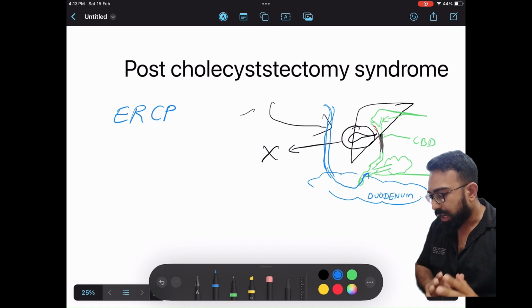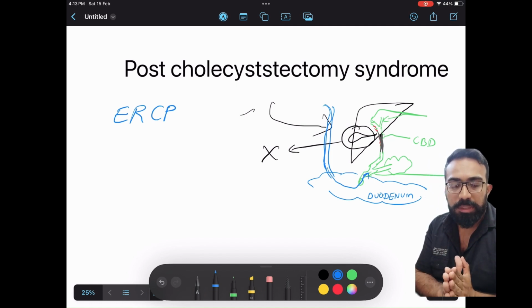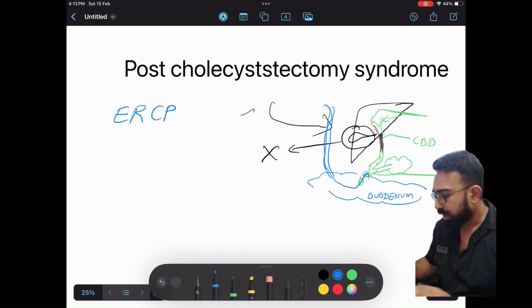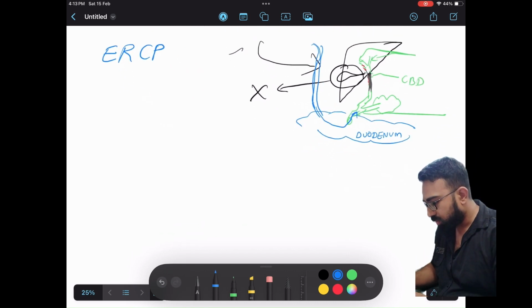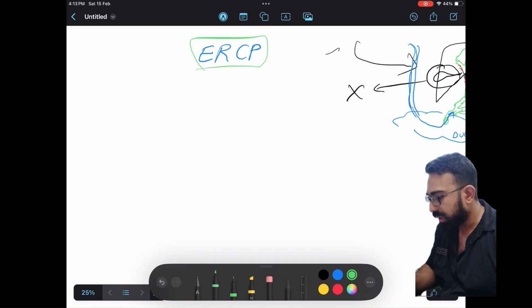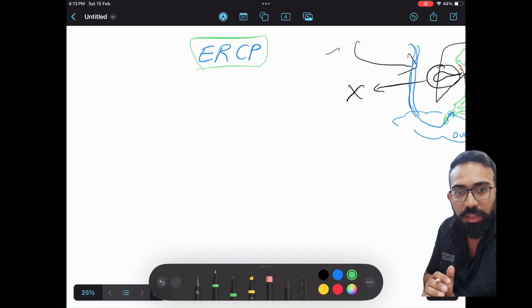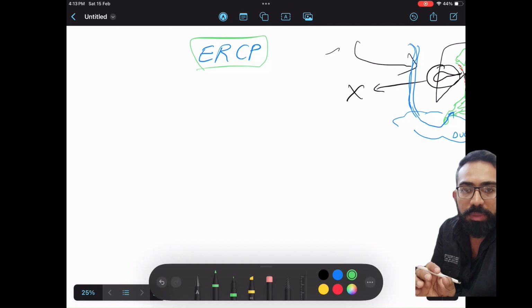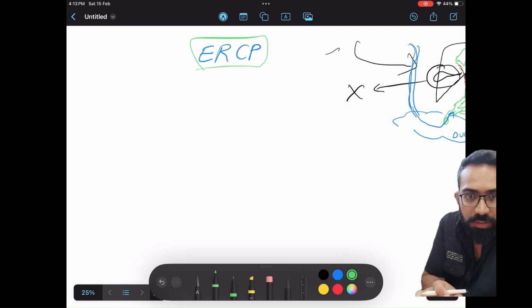Now, coming to another complication of ERCP. Suppose a patient undergoes ERCP, or a liver biopsy, any hepatic or biliopancreatic procedure, generally speaking ERCP.